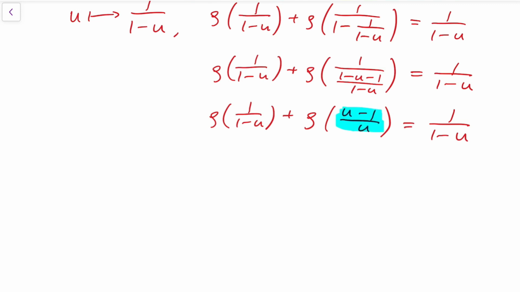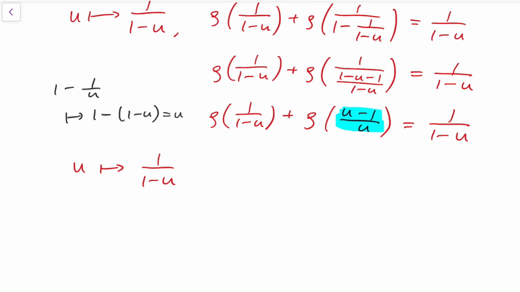Then noticing that this part, the u minus 1 over u, is actually 1 minus 1 over u. So if I do the substitution again, replacing each u by 1 over 1 minus u, then for 1 minus 1 over u, this will actually become 1 minus 1 over 1 minus u.